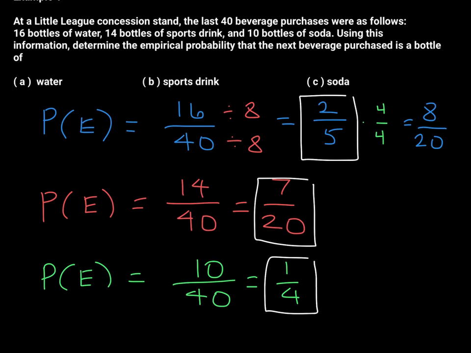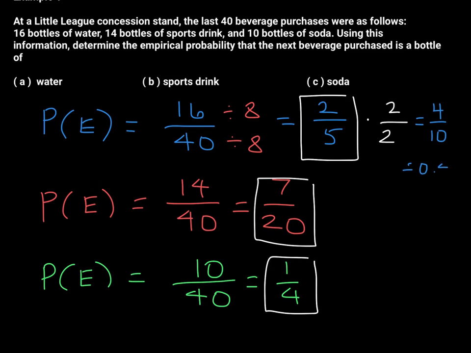So 2/5. There's a couple different ways to write this as a decimal. Remember, a decimal is a fraction whose denominator is a power of 10. And so if you were to multiply this by 2, because you want the denominator to be a power of 10, then this fraction is equivalent to 4/10, which is 0.4.